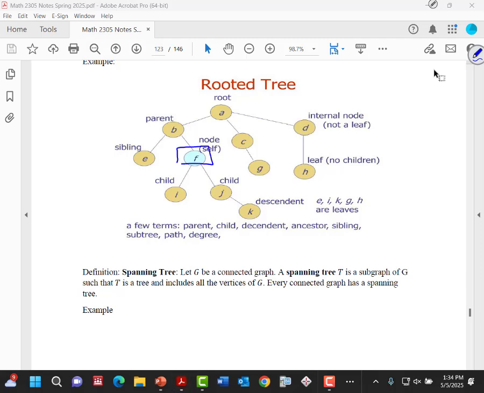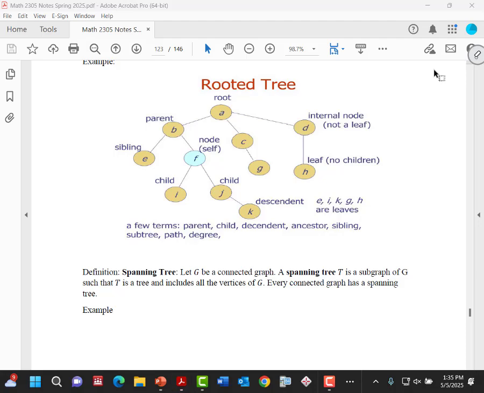If we're right here at F, anybody that comes directly down from us is simply said to be a child of F. So I and J are children of F. Anybody downwards, so I, J, and K, are said to be descendants of F. And if I look at F and I go upwards, B and A are said to be ancestors of F. So, lots of terms and definitions when I'm taking a look at a tree.